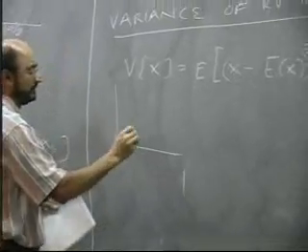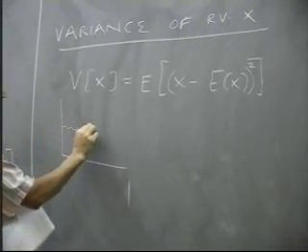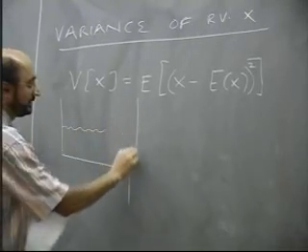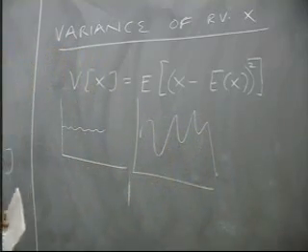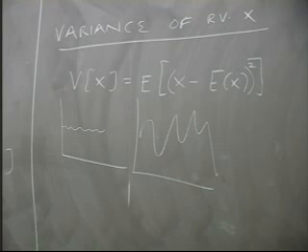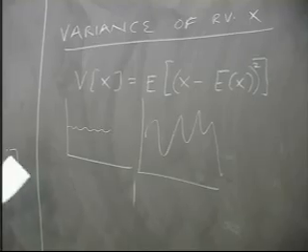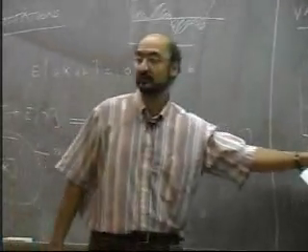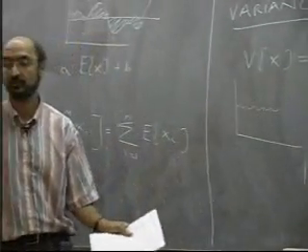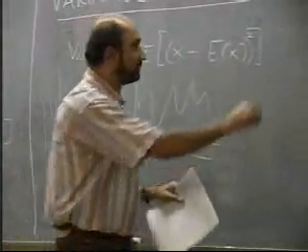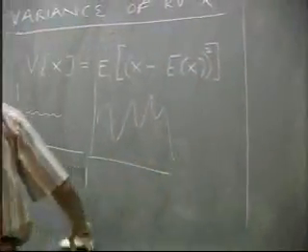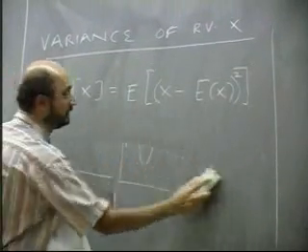So again, if you're taking some function which looks like this, it's going to have low variance, and this will have a high variance. So it's a mathematical quantification of the amount of variability in some function. In this case, we're looking at the amount of variability in the density function, okay, of x.